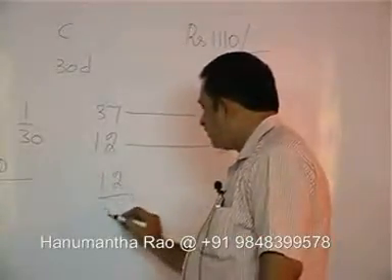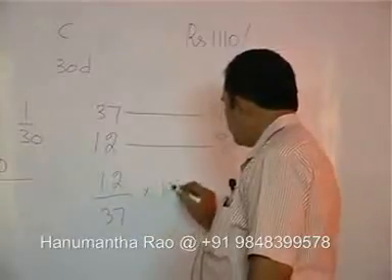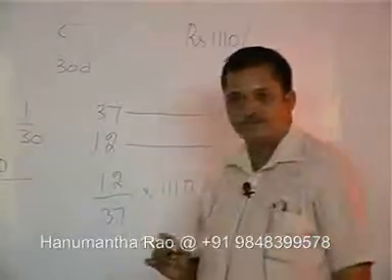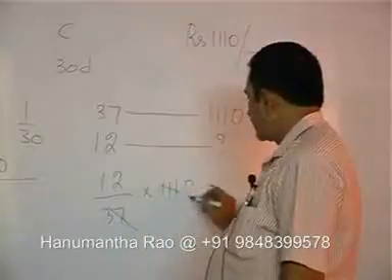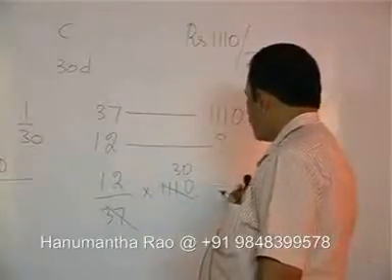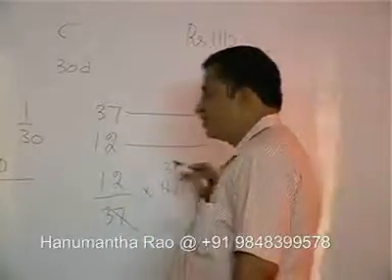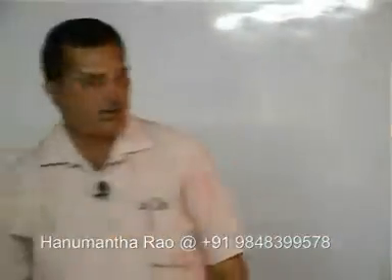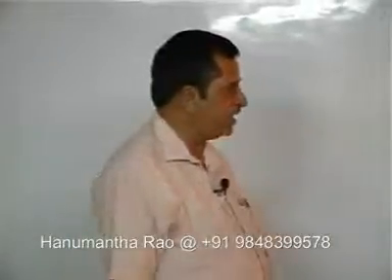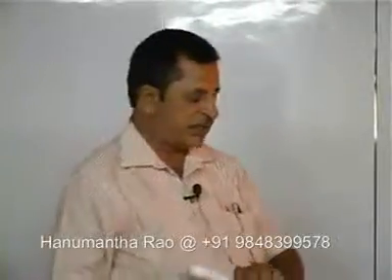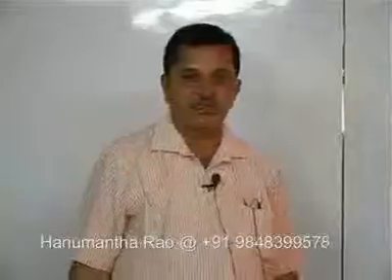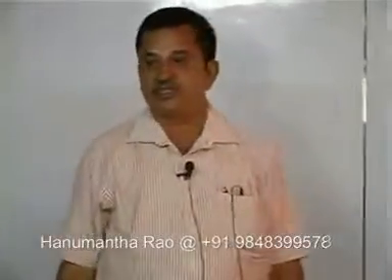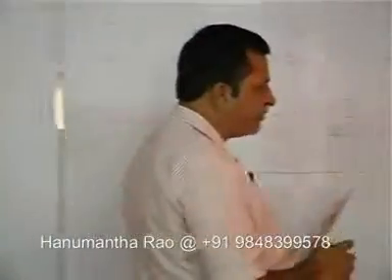So less by more into 1110. How much? 360. What is the share of B? The share of B is rupees 360.